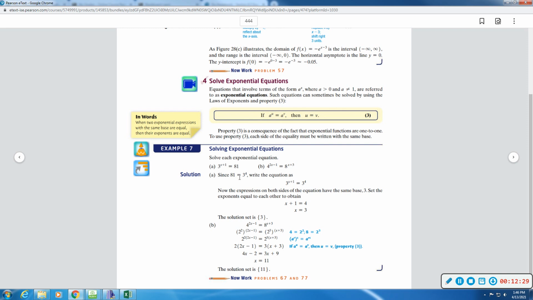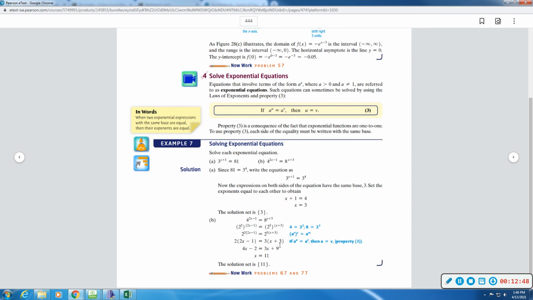Well, we can rewrite 81 as 3 to the 4th power. So once you do that and the bases are the same, we're just focused on the exponents, trying to get those to be the same because the bases are already the same. So x plus 1 equals 4. That's what you're solving. And when you solve that, you get that x equals 3. So this is what you'll be doing, and then there'll be other applications.